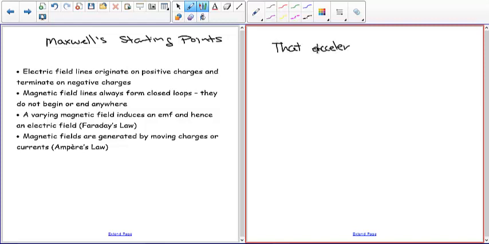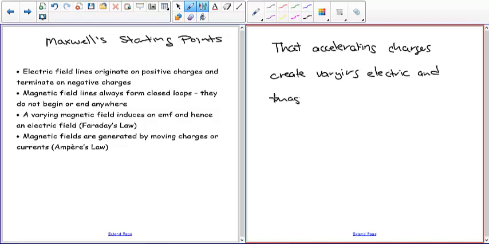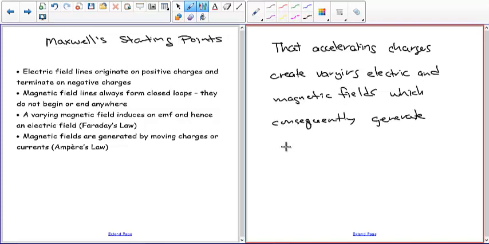that accelerating charges create varying electric and magnetic fields, which consequently generate electromagnetic waves.